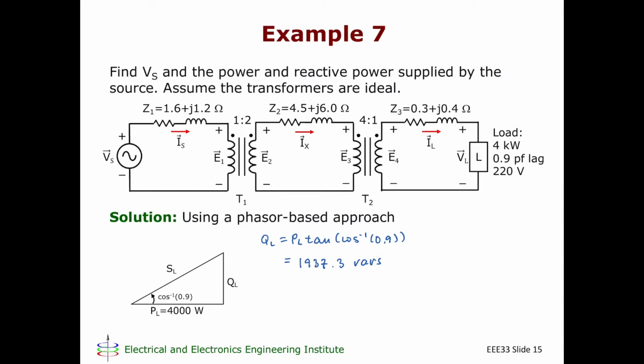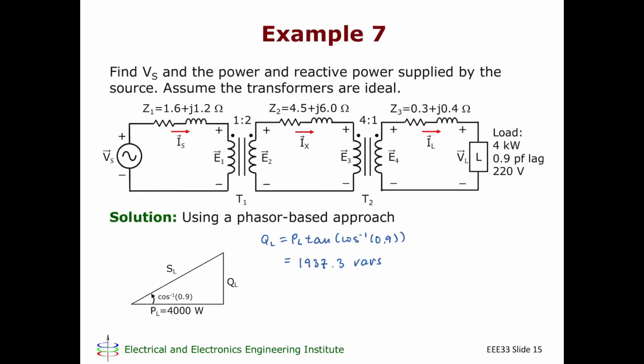Let's make the voltage across our load our reference phasor. That is, the phasor V sub L is equal to 220 volts at an angle 0 degrees.